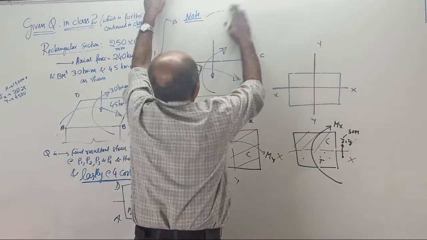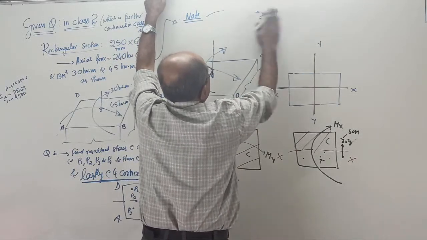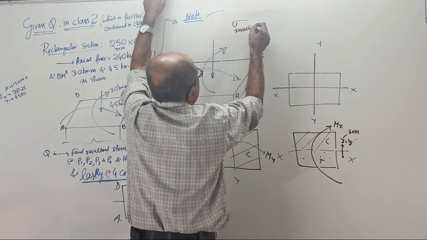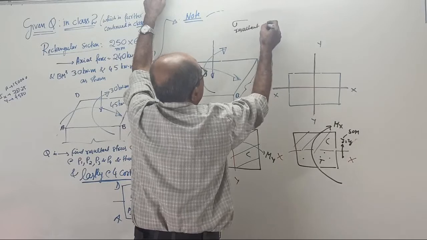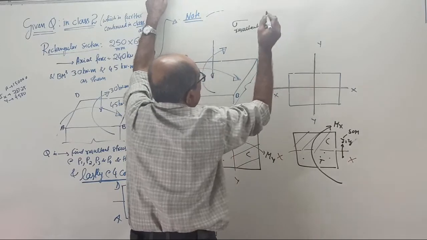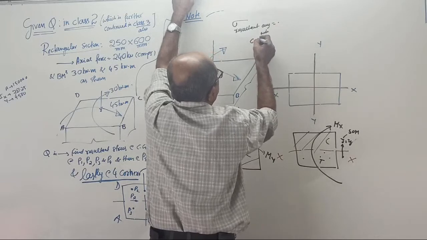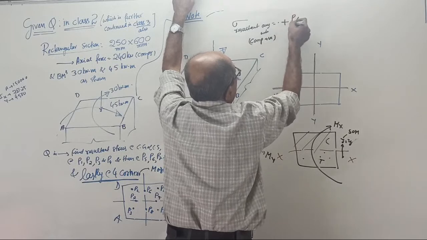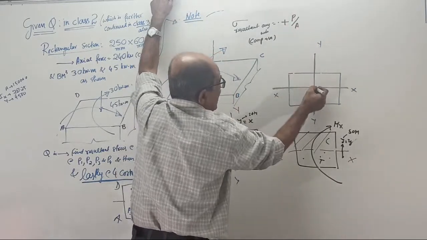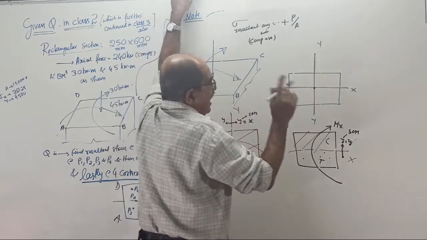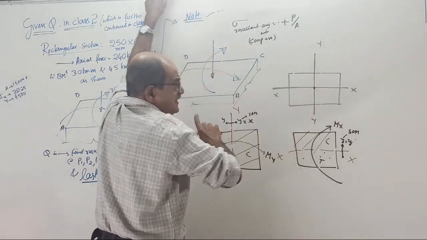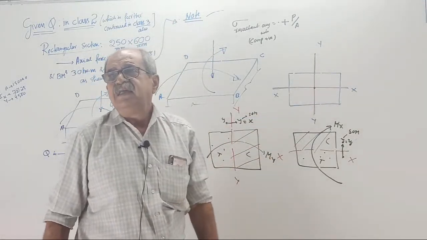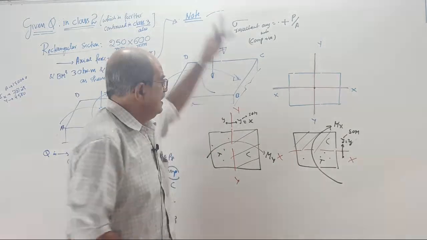See, general equation: sigma resultant, anywhere, equal to, compression positive, is plus P by A, that is because the load is acting here, axial force. Then I told, first consider the term where x distance is there. Why? Usually analytical geometry writes Ax plus By, that way. X term comes first.